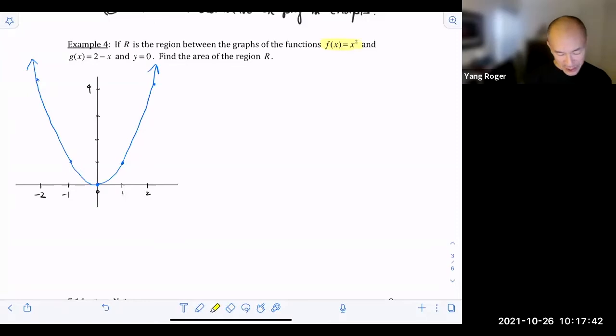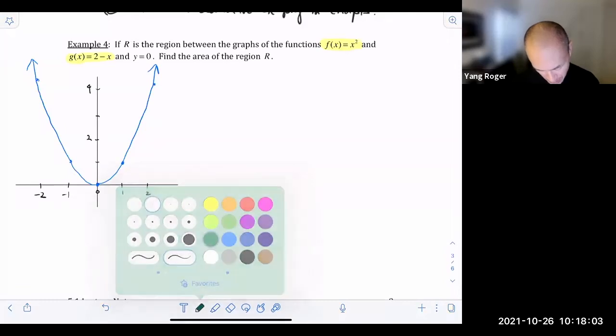When I look at my g of x curve, I immediately recognize that this is a line. The slope is -1, so it's going to be going down like this, and the y-intercept is 2. So we could label 2 here. Let's do this in green.